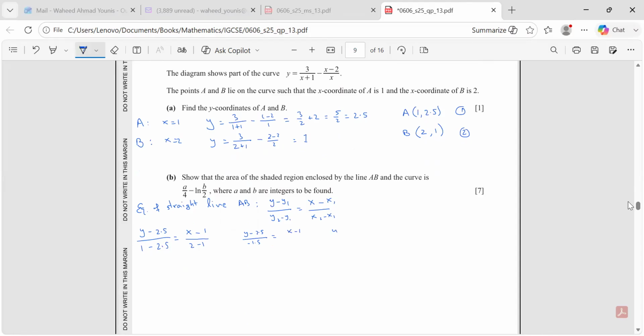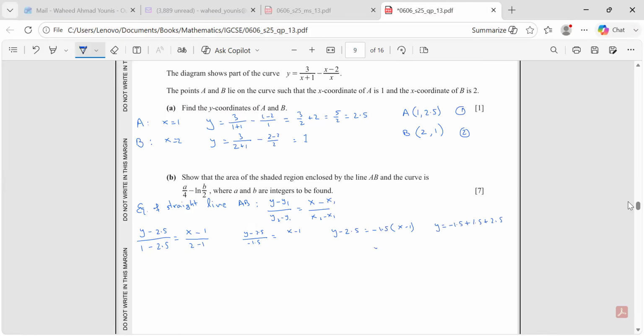Okay, so y minus 2.5 is equal to minus 1.5 into x minus 1. So y equals minus 1.5, and then minus minus plus 1.5, and this will become plus 2.5.